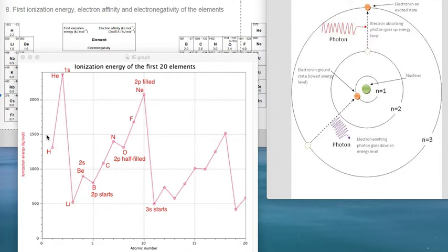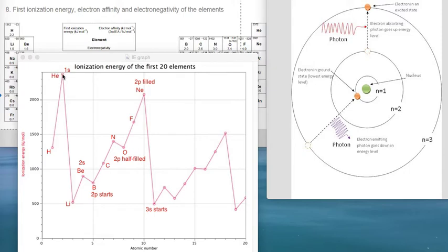So hydrogen is 1s1, and we're filling the 1s orbital. The ionization energy of hydrogen is relatively high. It's not the highest on the periodic table, but it is relatively high. But then helium has a much larger ionization energy right here.